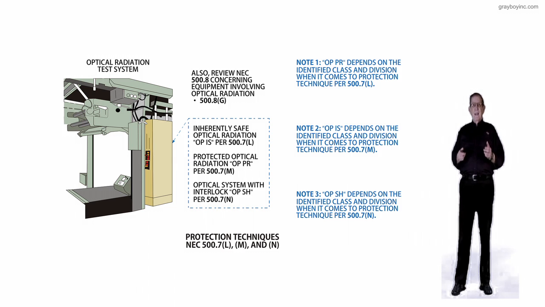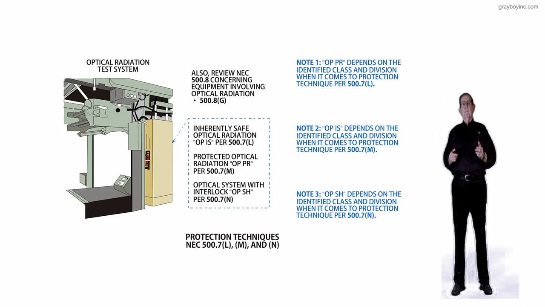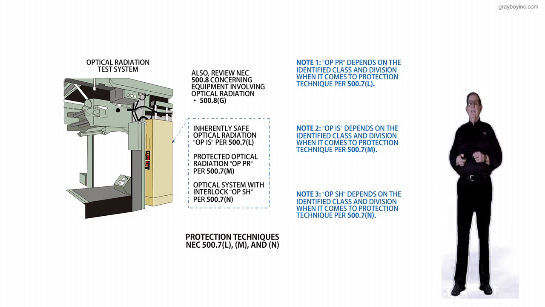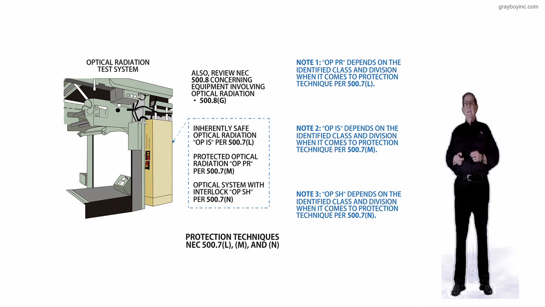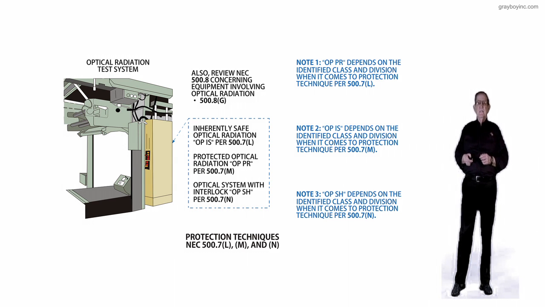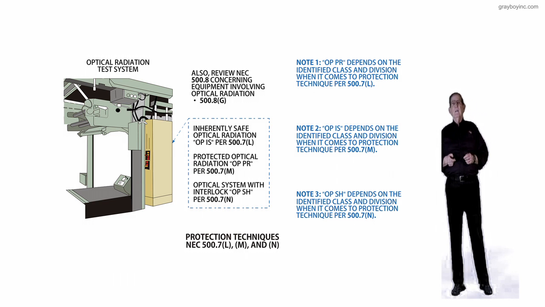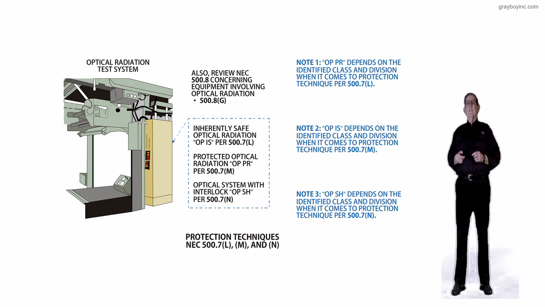The last type call out here in the boxed in information is optical systems with interlock, or OPSH, is designated per 500.7N. Now, next, let's review the notes, which kind of puts this thing in a summary.